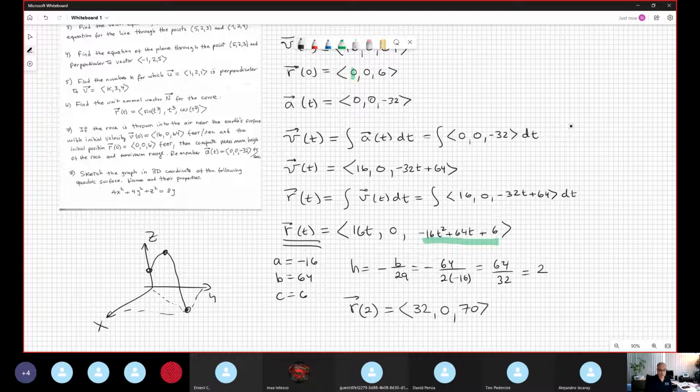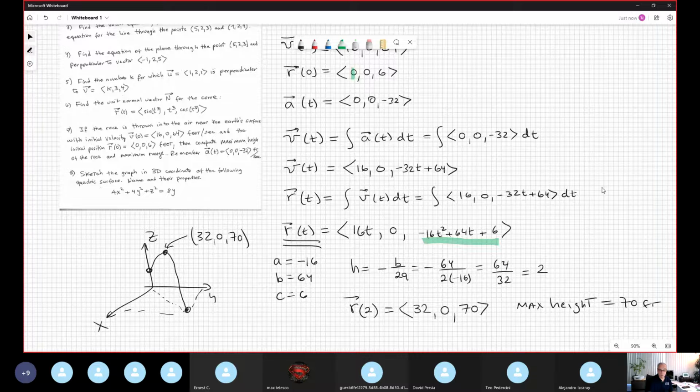And 7 is the maximum height. This point is expressed not like a position vector but like a point: (32, 0, 7). So we have the first answer. The maximum height of the rock is 70 feet.